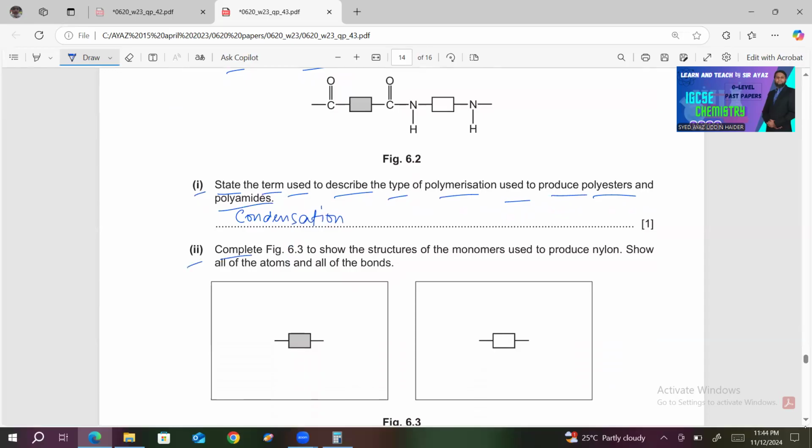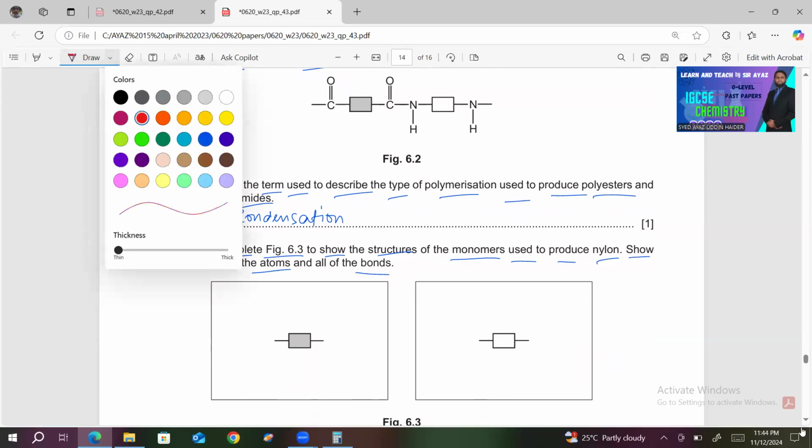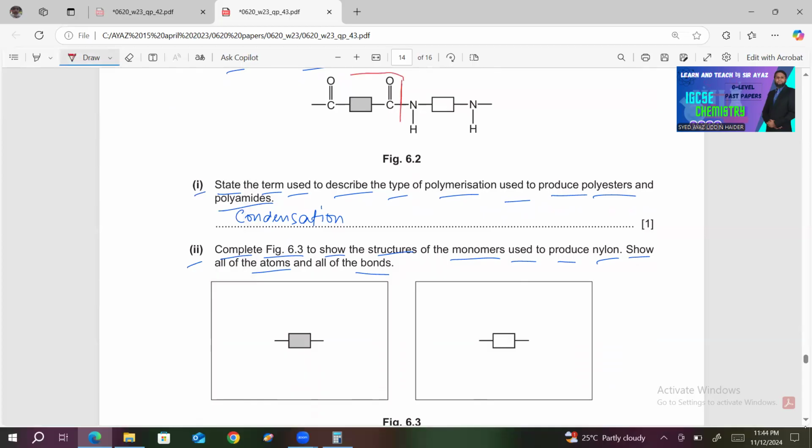Number 2, complete figure 6.3 to show the structures of the monomers used to produce nylon. Show all of the atoms and all of the bonds. So let's cut down the monomers. So I will write here CO. It must be having OH here.